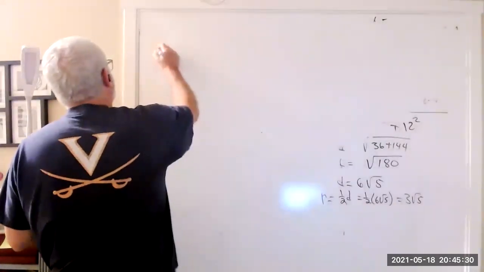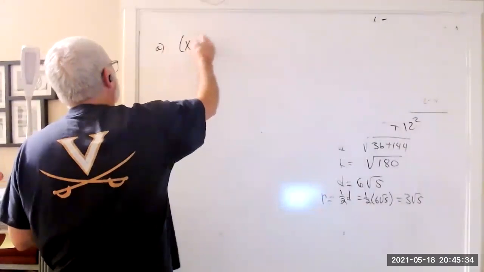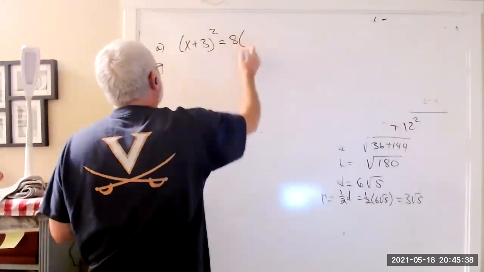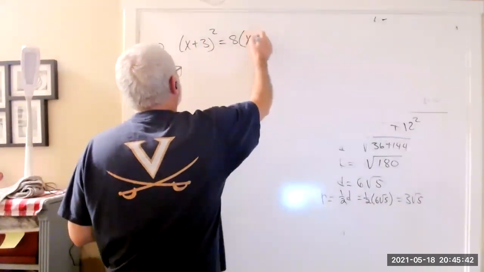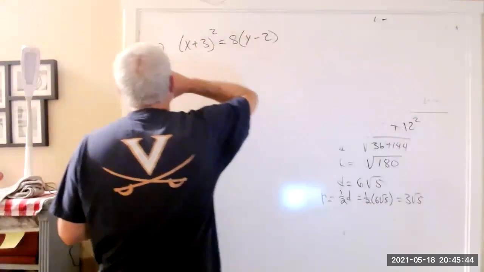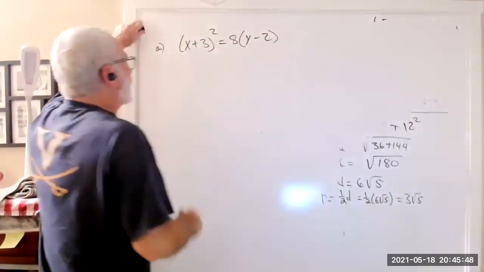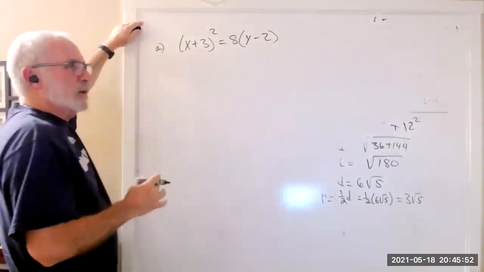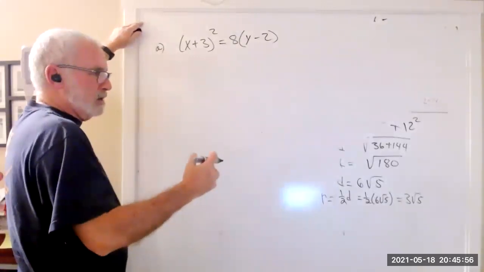It's (x plus 3) squared equals 8 times (y minus 2). Okay. Now, Lindsay earlier asked questions about this, and we found that there might be an easier way to do it, but I'm going to walk you through a straightforward way.